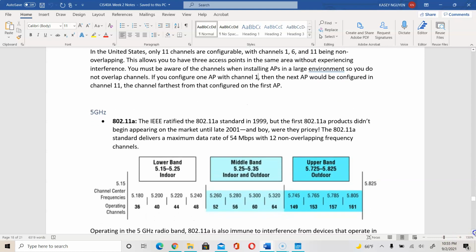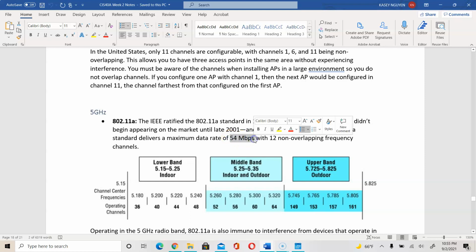On the 5 gigahertz, we would see 802.11a, and this was one of the first standards implemented for wireless. This was established in 1999. Even though it's on 5 gigahertz, the distance from one device to the router would be limited, as it would give you higher bandwidth, but at the same time you are limited to a shorter distance range.